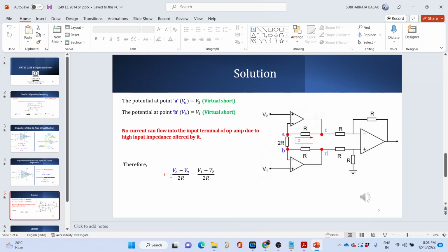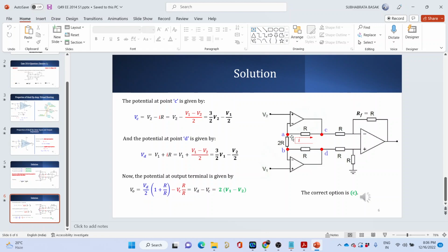So I is equal to VB, because B is at a higher potential as current is flowing in this direction and A is at a lower potential, so VB minus VA divided by 2R. That is the resistance of this path. VB is equal to V1 and VA is equal to V2. So I is equal to (V1 minus V2) divided by 2R. You are agreeing with me on this much, right? Yes, sir. Okay.